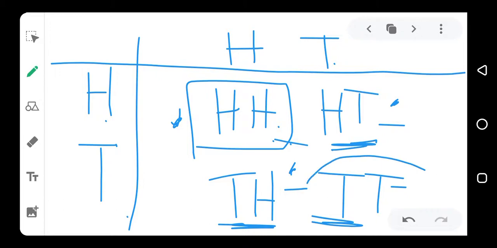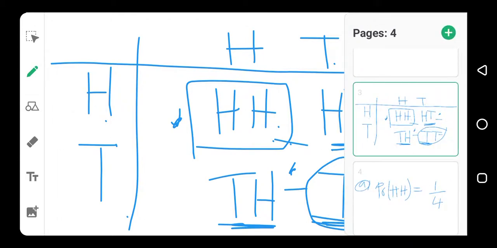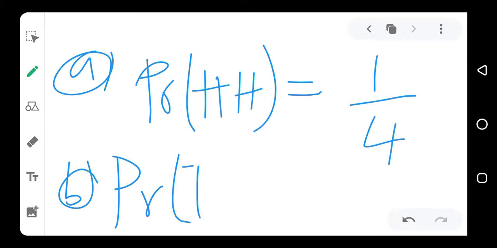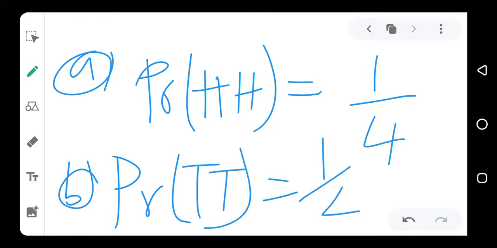This one is the only one with two tails, that is TT. So we have 1 over the total number of events, which is 4. So again, B, the probability of TT, which is 2 tails, is equal to 1 over 4.